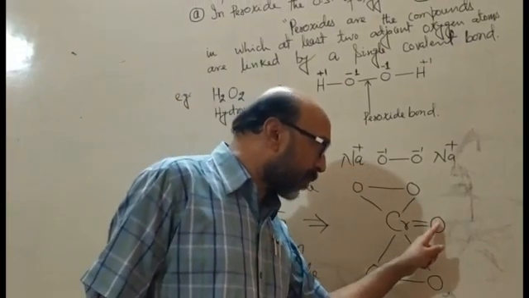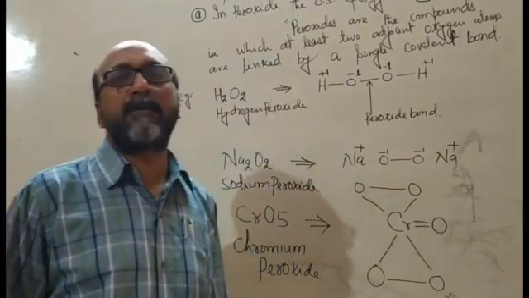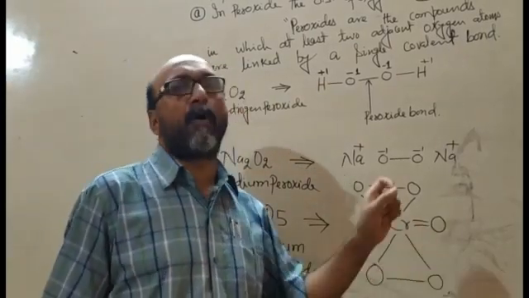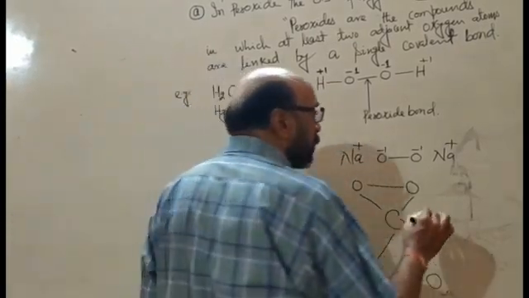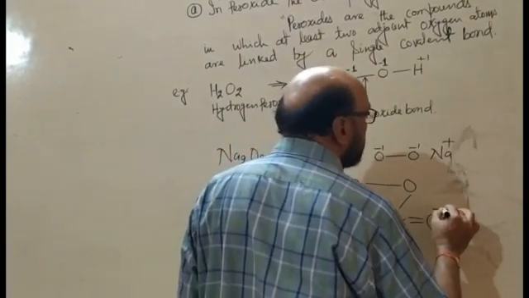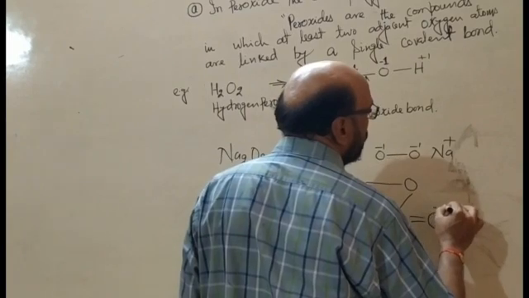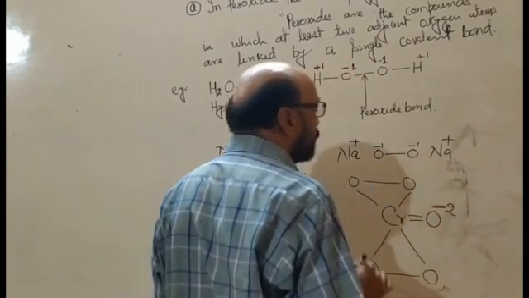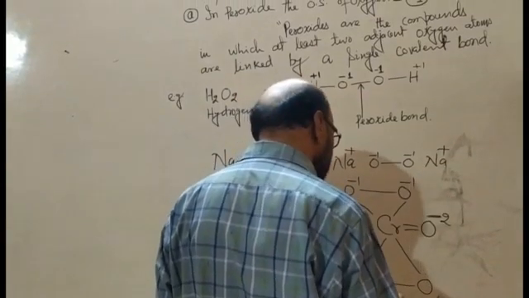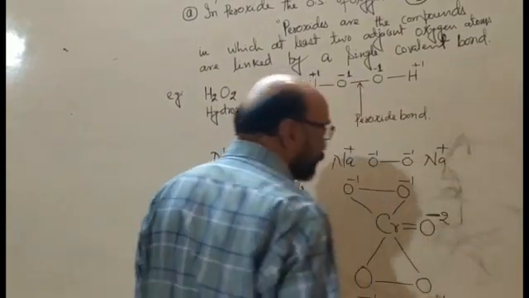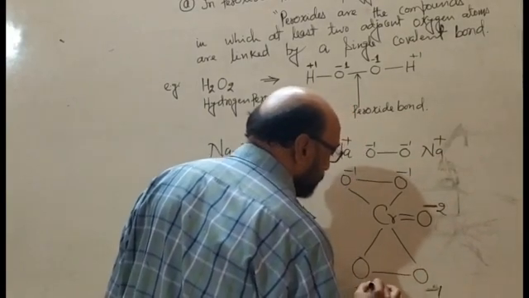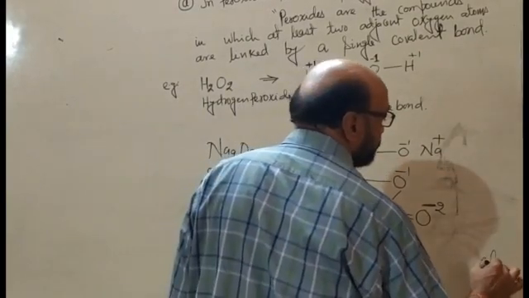But this fifth oxygen is not a peroxide because it is linked by a double bond. Its oxidation state is the common oxidation state of oxygen, -2, but these 4 oxygen possess -1 oxidation state.